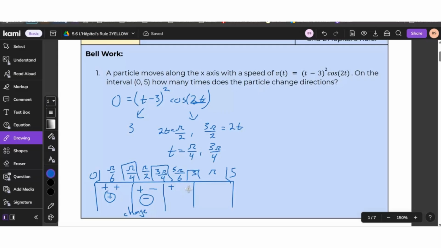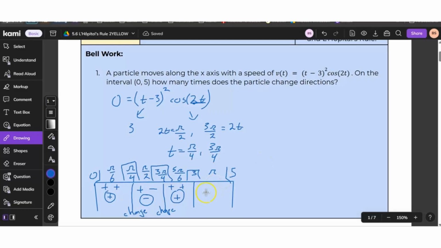It's in the fourth, so it's positive. Isn't 5 pi over 3 in the fourth quadrant? Isn't cosine positive in the fourth quadrant? So it changed again. Couldn't we just have done that by looking at the unit circle? That's what we're doing, the unit circle. This is why y'all have to know the unit circle. All right, and then cosine of 2 pi.